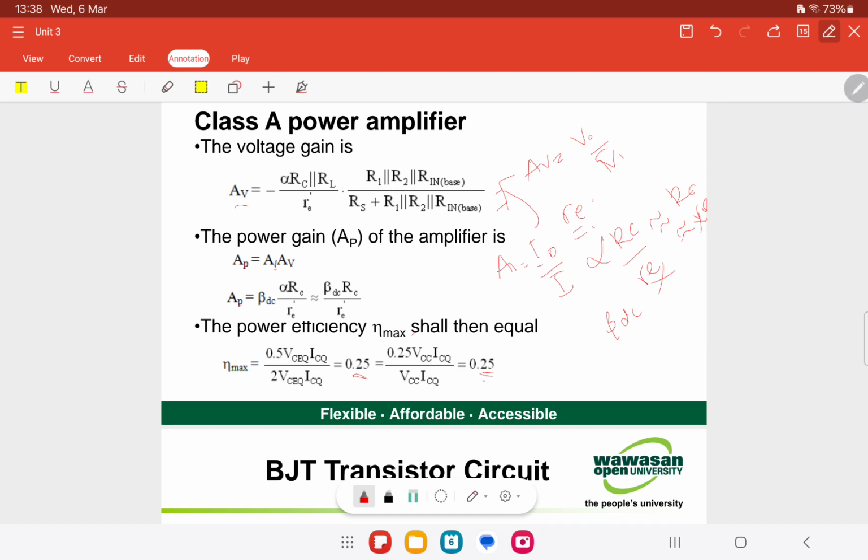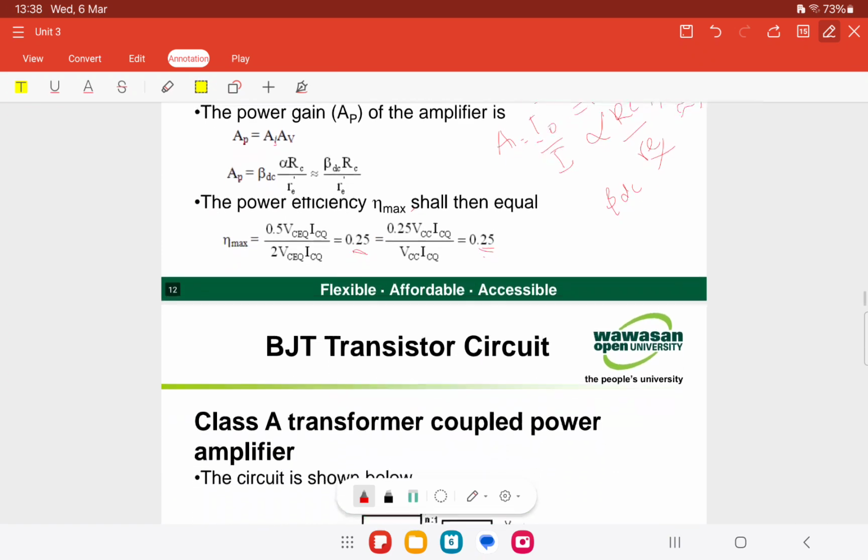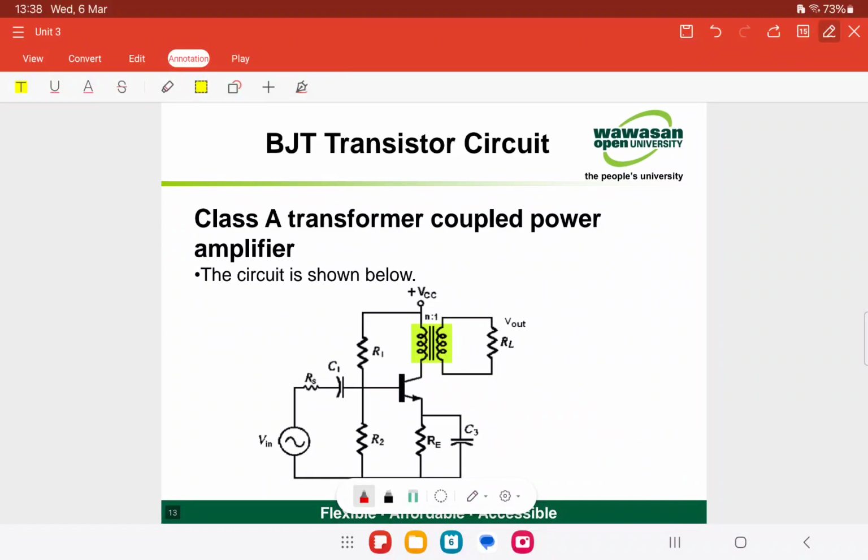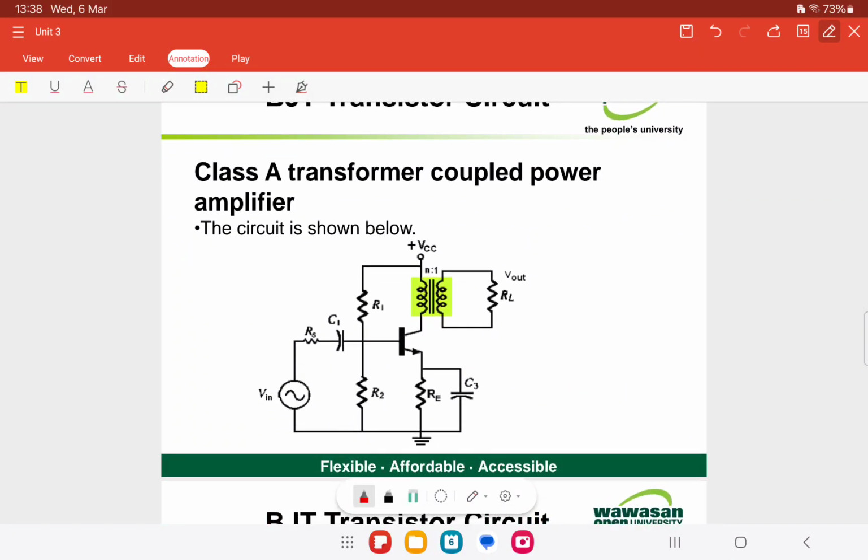In order to achieve higher power efficiency for a class A amplifier, we apply the transformer coupled class A amplifier. This one we design the class A amplifier with transformer coupling here. Owing to the presence of counter EMF in the transformer, when the AC VCE drops to its minimum value, the voltage across the primary coil is equal to VCC.